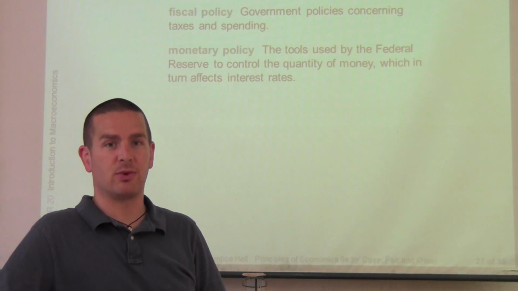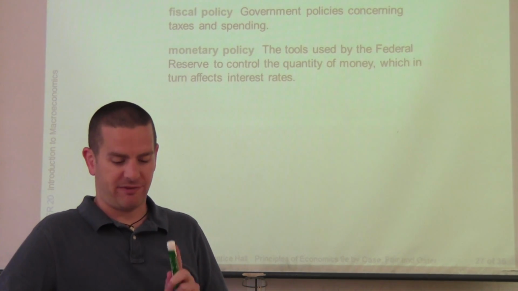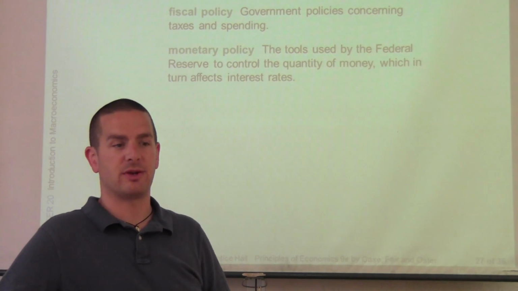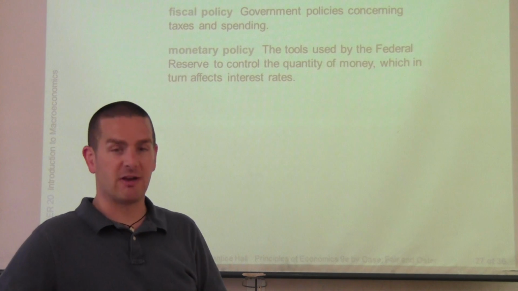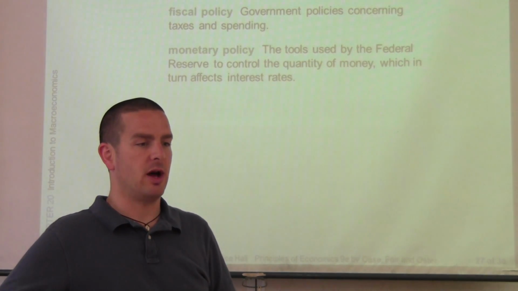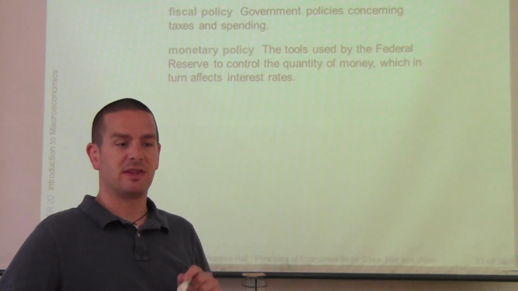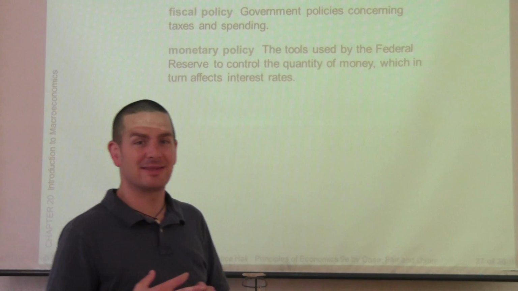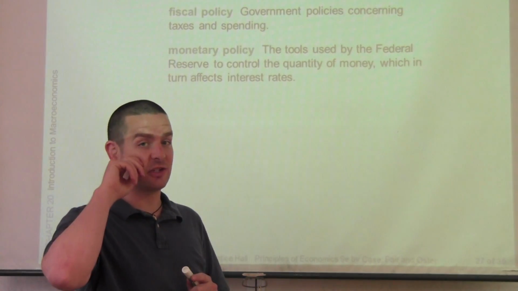So if the government wants to buy a tank, that's fiscal policy. If it taxes you on April 15th, the way you have to pay your taxes every year, that's fiscal policy. If the government decides to purchase health care for a certain group of individuals, that's fiscal policy. If it taxes a business, if it's a profits tax, then that's fiscal policy.